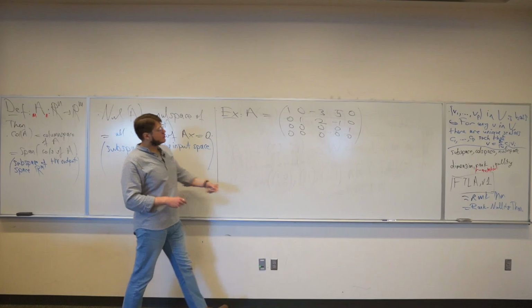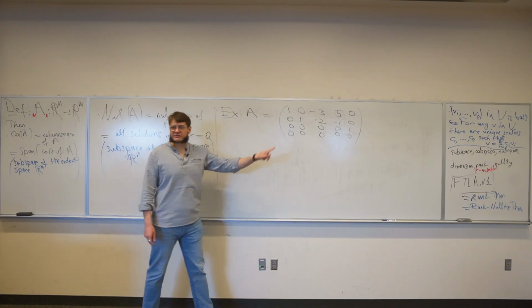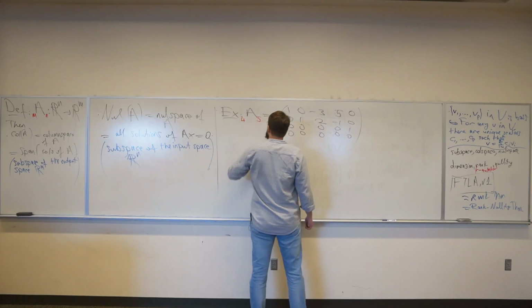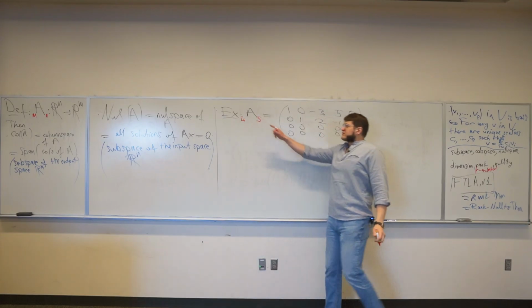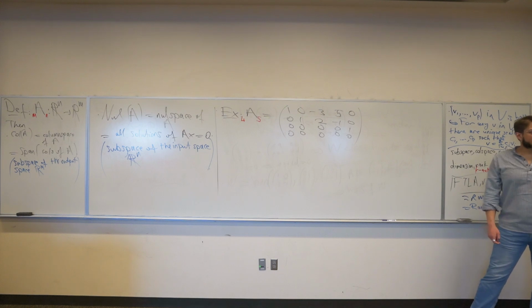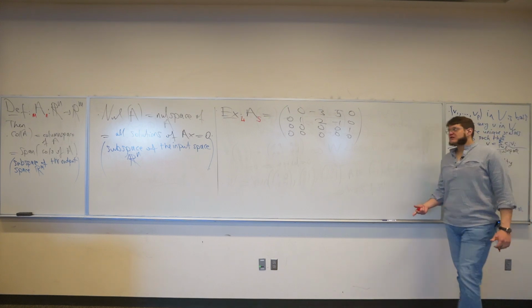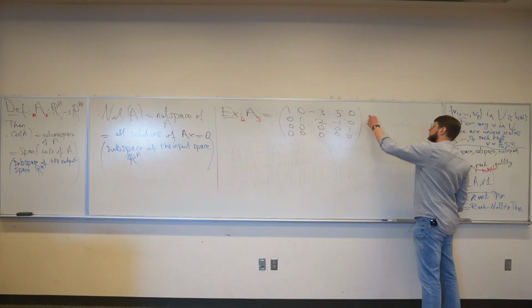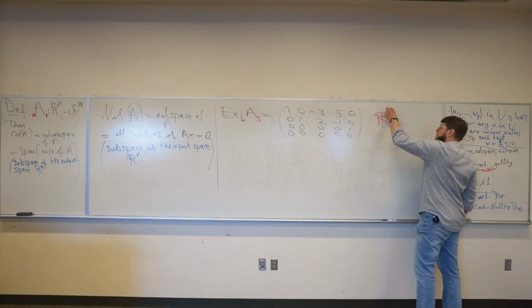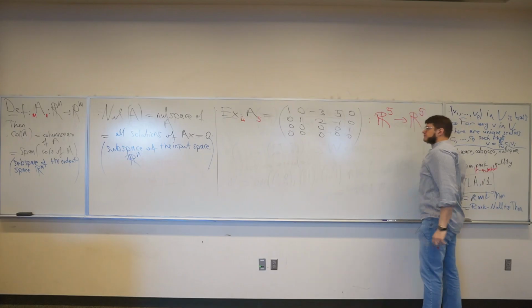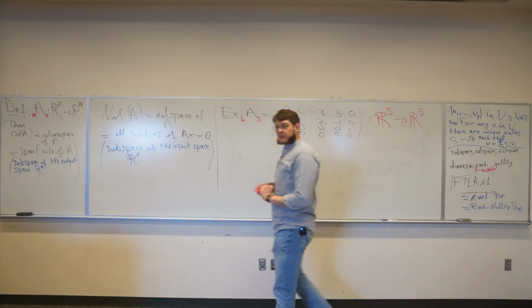This has 4 rows, 5 columns. Record it here. And so if I were to think of this as a transformation, that would go from R5 to R4. You start with a 5-dimensional vector. If you apply A to it, you get back a 4-dimensional vector.